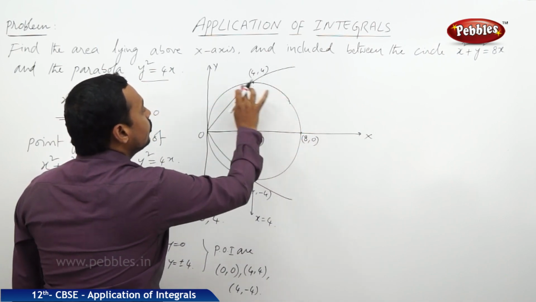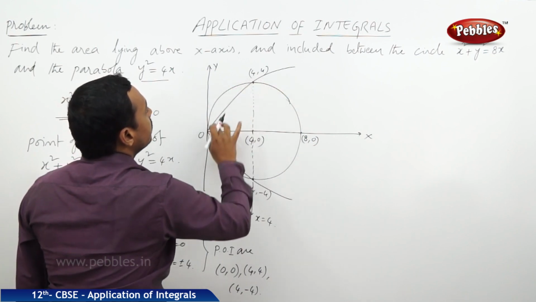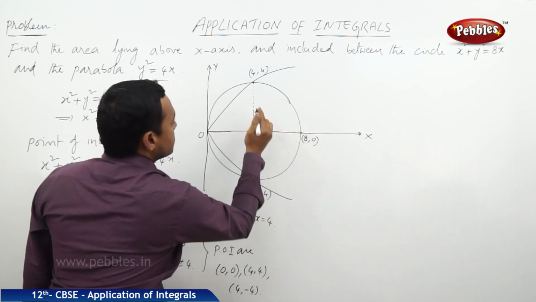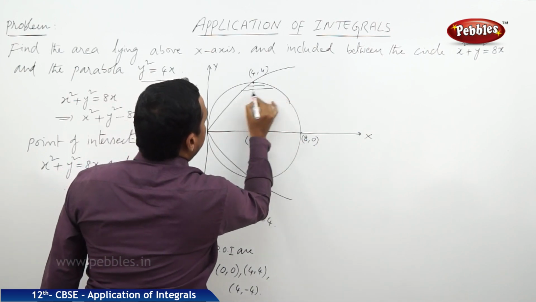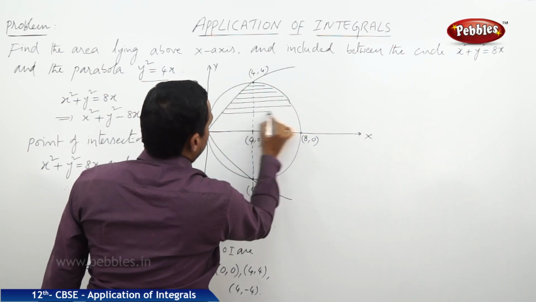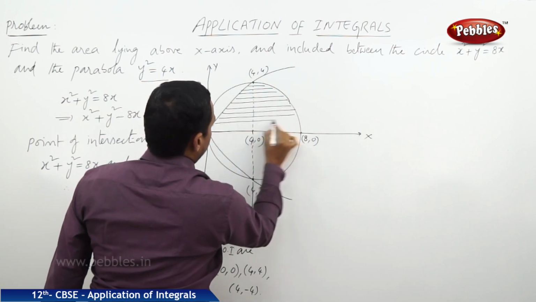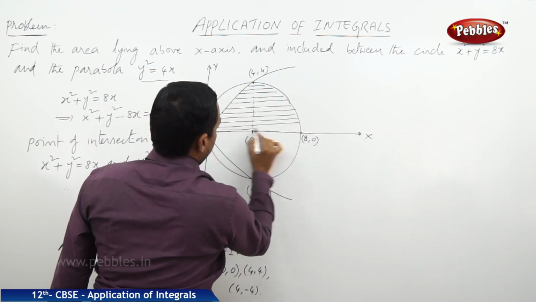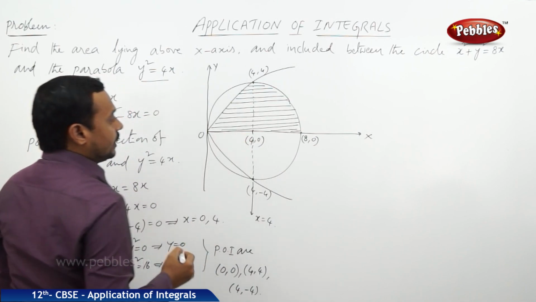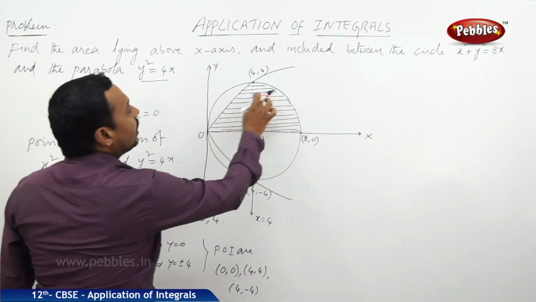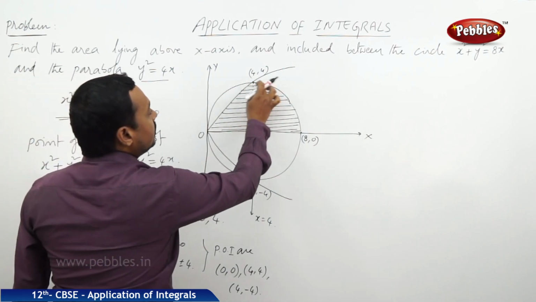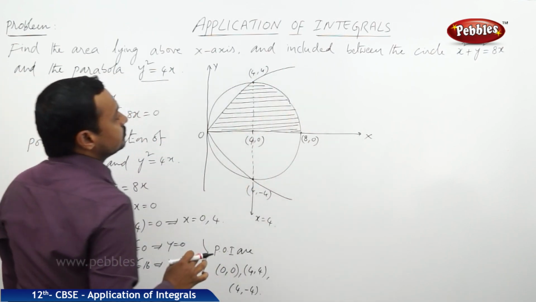The area included between the circle, parabola and above the x-axis, that is the required area is this one. Now that is the shaded area required. Now this area is lying above the x-axis and included between the circle and parabola.